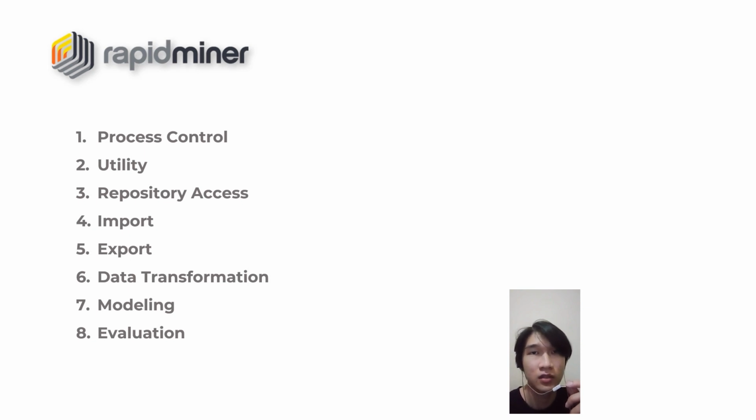And the next one is data transformation. This operator function is a function to rename one or more attributes of a set.